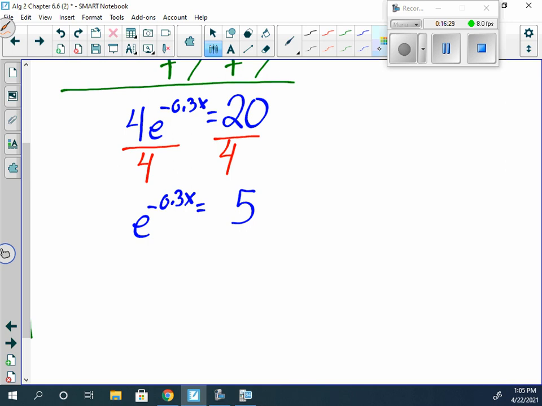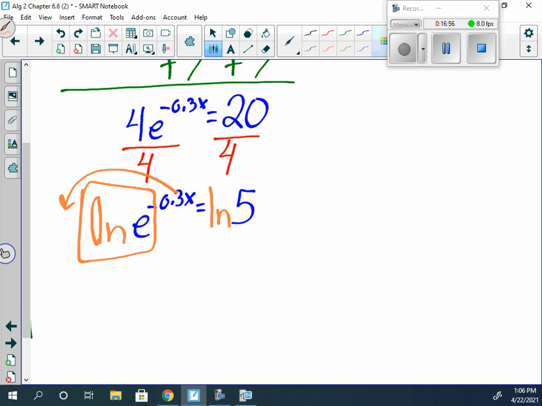Now, as we just said, the natural log's base is e, so we're going to take ln of both sides. And really what we're doing is we'll move the exponent out front, and the natural log of e is 1.